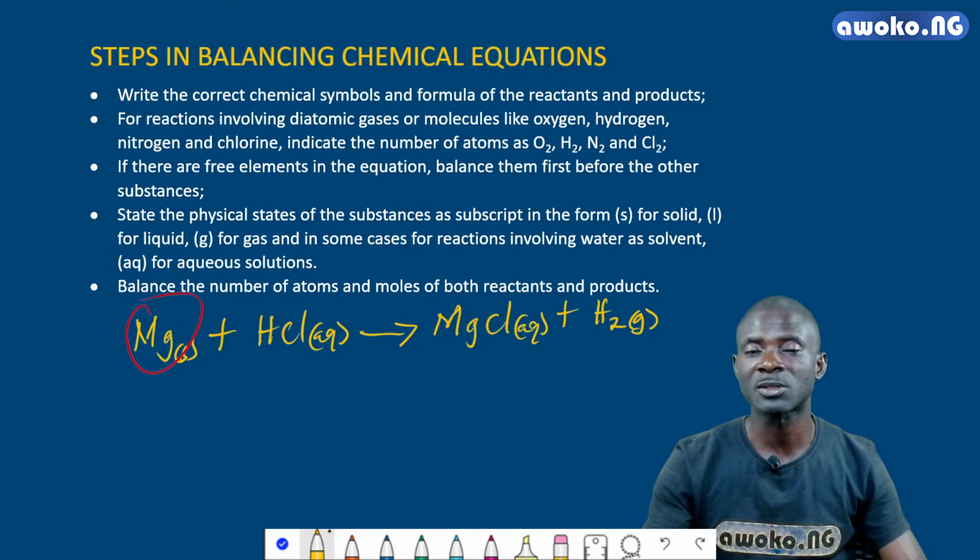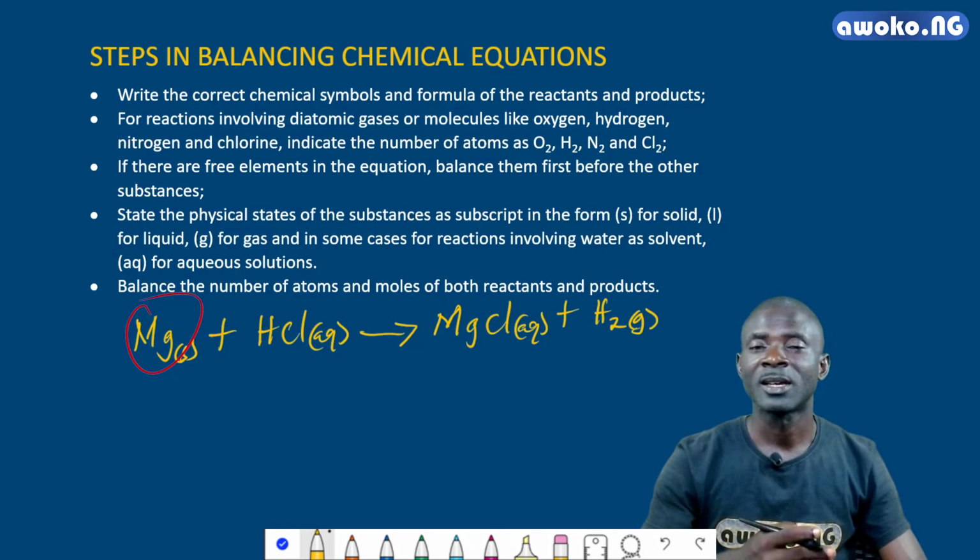So if I have 2 atoms of hydrogen on my left-hand side, on my right-hand side I can have 2 moles of hydrogen. If I have 2 atoms of sodium on my left-hand side, on my right-hand side I can have it as 2 moles of sodium. It is the same thing. So in trying to balance a chemical equation, we can sometimes change number of atoms to number of moles.